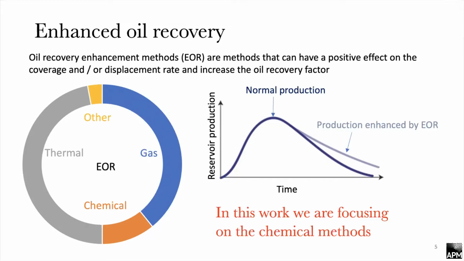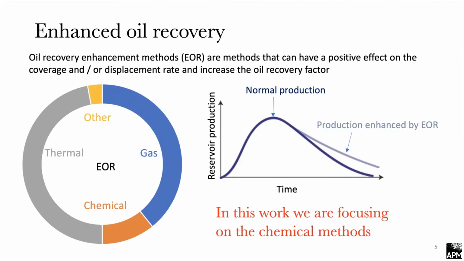So there are thermal methods, gas methods, chemical methods, and some other methods, for example, biological. And how it works, you can see on the right picture. It allows us to increase the production of the reservoir. And it's very important for Russian old reservoirs, for example, in West Siberia.